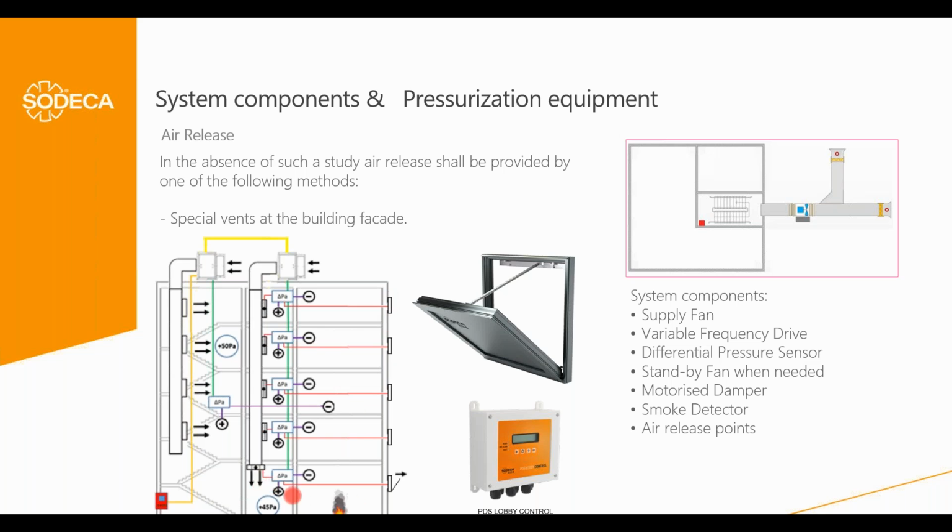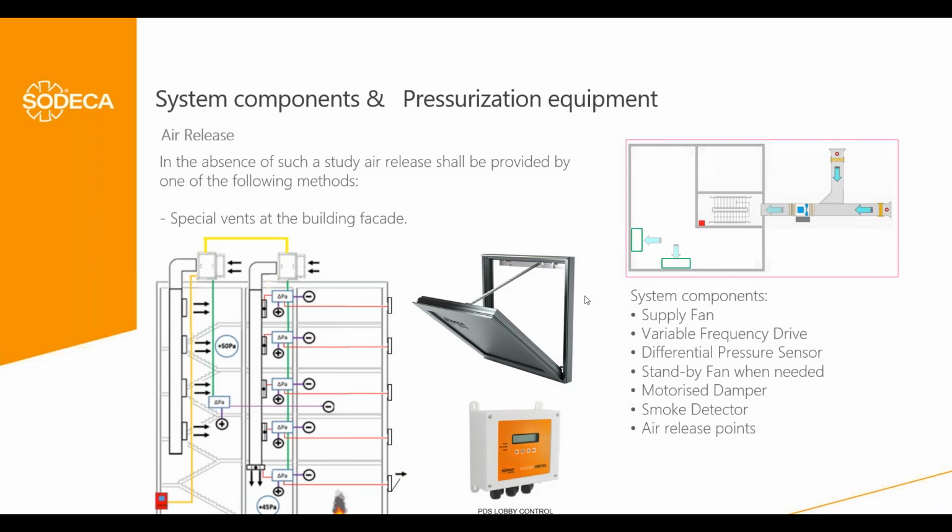Okay, so to do that, remember that we have these PDS lobby controls where we measure the pressure difference in the level where the fire is, and then we can open the motorized damper to provide fresh air on the lobby if we want, and also from that control panel to open the vent in the fire level.